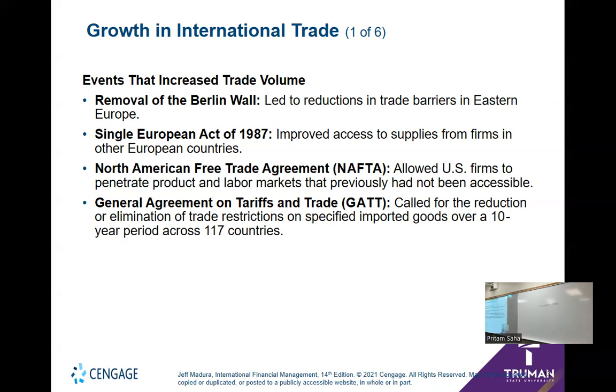I believe in 2004, mostly countries from Western Europe, like 14 or 18 countries, initiated this process. They decided they wanted to add more eastern European countries in that agreement. What is the benefit? Among those 20-25 countries, there are barely any tariffs and taxes. They can do a lot of export and import.